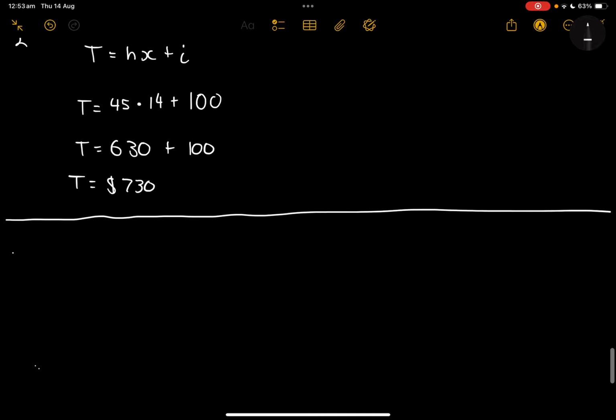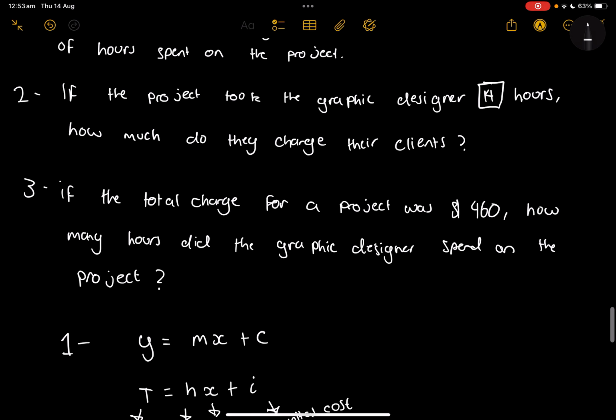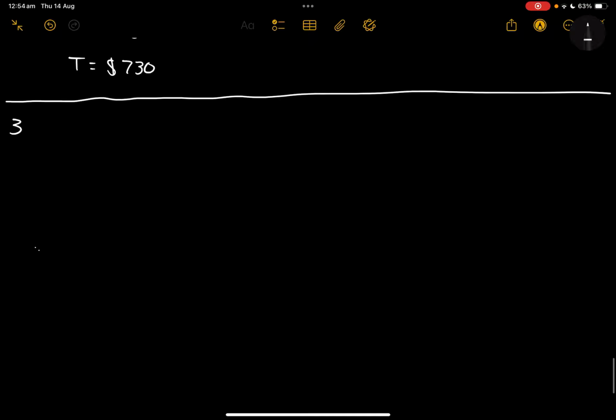Now it's time for your final bit. If the total charge for a project was $460, how many hours did the graphic designer spend on the project? Now, your T is equal to 460.